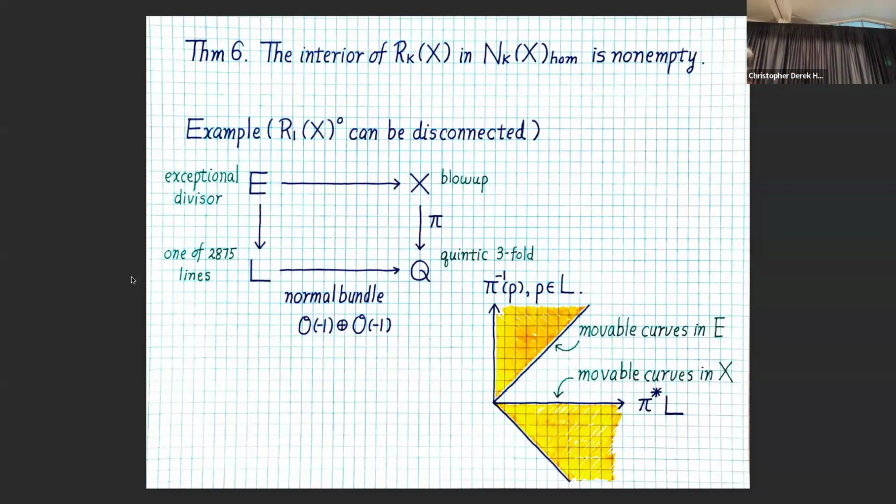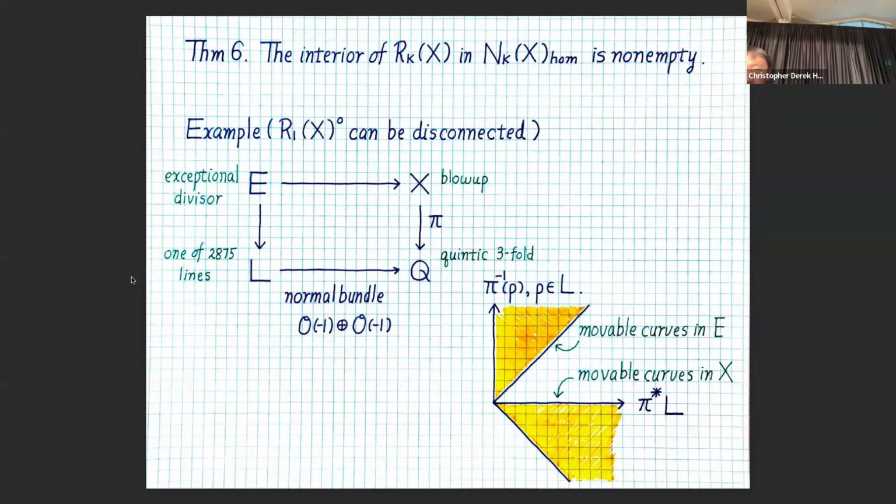So I think you can imagine that given X, there will be many sporadic negative subvarieties sitting inside, and the realizable classes inside those subvarieties may have non-trivial contribution to the realizable class on the whole.